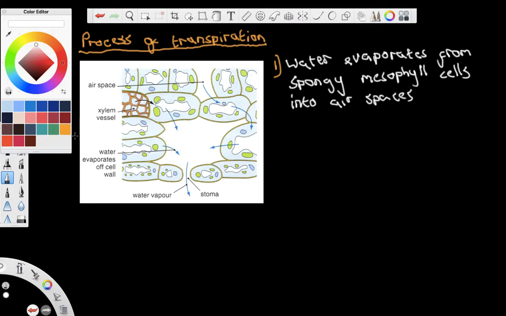So the first step in transpiration is that the water evaporates from these spongy mesophyll cells into the air spaces. Okay?